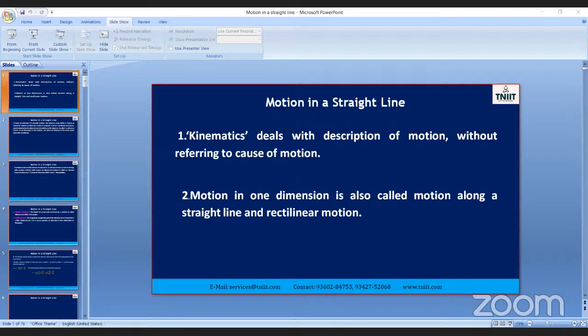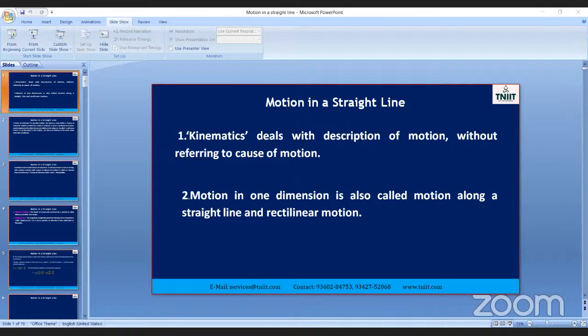So in the last class, we have explained the concept of the position-time graph, velocity-time graph, and acceleration-time graph. And also we have studied the concept of the equations of motion.